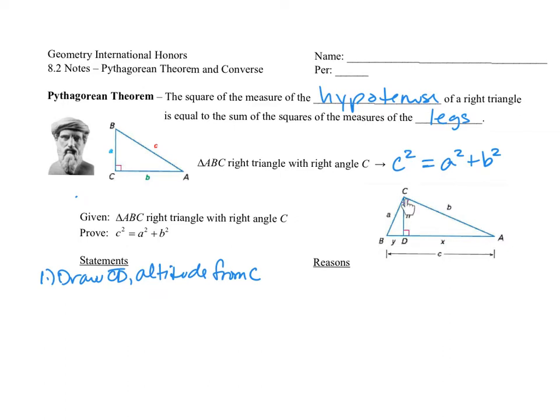Here's point C, and this point D is the point on the opposite side such that when I draw CD, CD is going to be perpendicular to the opposite side. So that point exists, and the existence of this segment is guaranteed by one of our first postulates of the year, which said anytime we have two points, there exists exactly one line. So what we've drawn is an altitude to the hypotenuse of a right triangle.